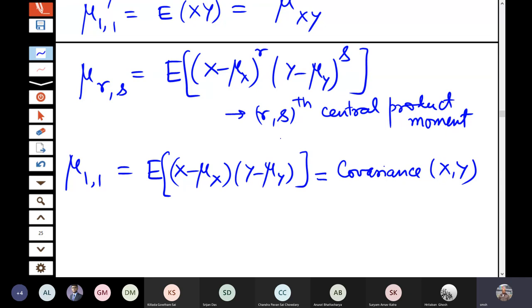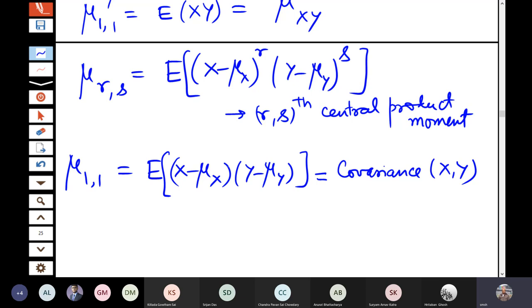Why the name covariance? If you remember, the expectation of (x minus mu x) squared was the variance, so that will be the variance of x. If I consider the expectation of (y minus mu y) squared, that will become the variance of y. That means what is the variability of x with respect to its mean, and what is the variability of y with respect to its mean.